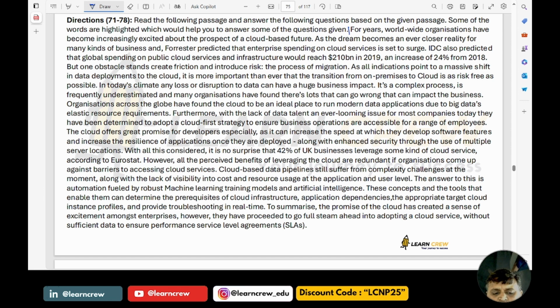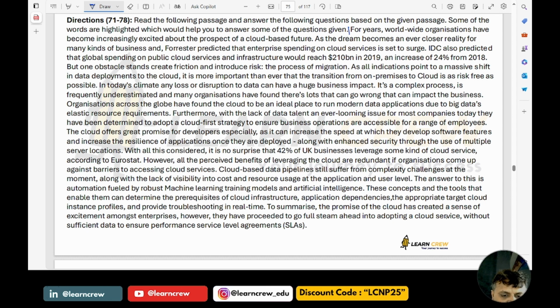Organizations across the globe have found the cloud to be an ideal place to run modern data applications due to big data's elastic resource requirements. Furthermore, with the lack of data talent, an ever-looming issue for most companies today, they have been determined to adopt a cloud-first strategy to ensure business operations are accessible for a range of employees.